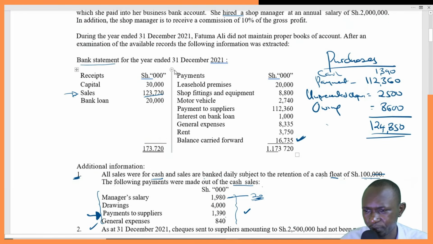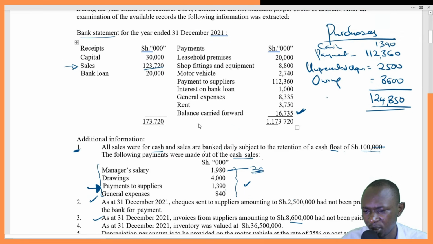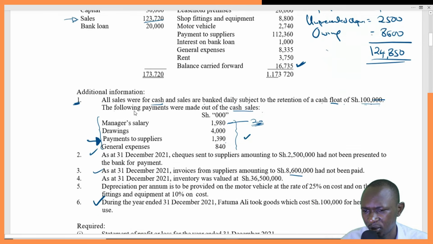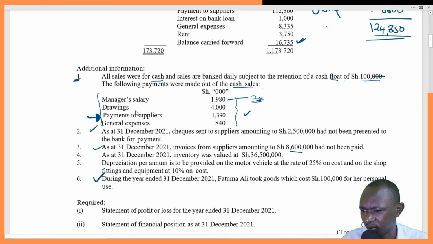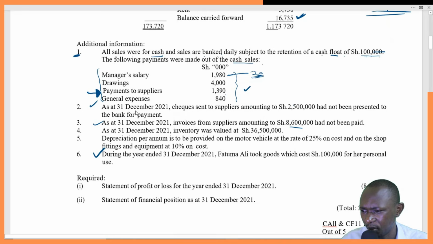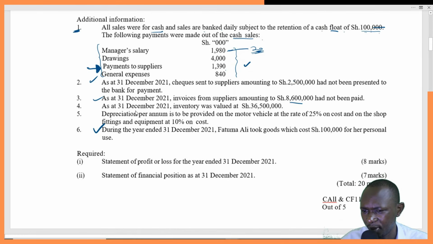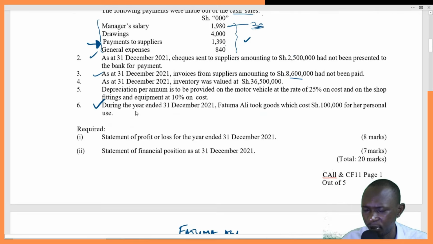Let's check if there's anything else left. You have to make sure that you capture everything: leasehold, payment, interest, rent, sales, manager salary, drawings, supply, general expenses, and the 100 for his personal use.